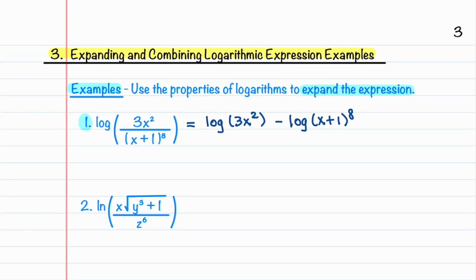Now what we're going to do is look at our first log and split it up into two pieces because we have a 3 multiplied by x squared. This becomes log of 3 plus log of x squared minus log of x plus 1 to the 8th.